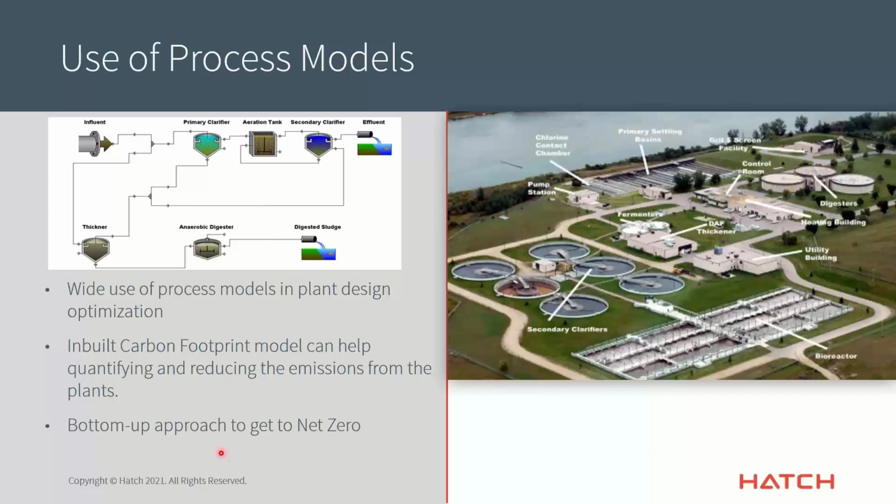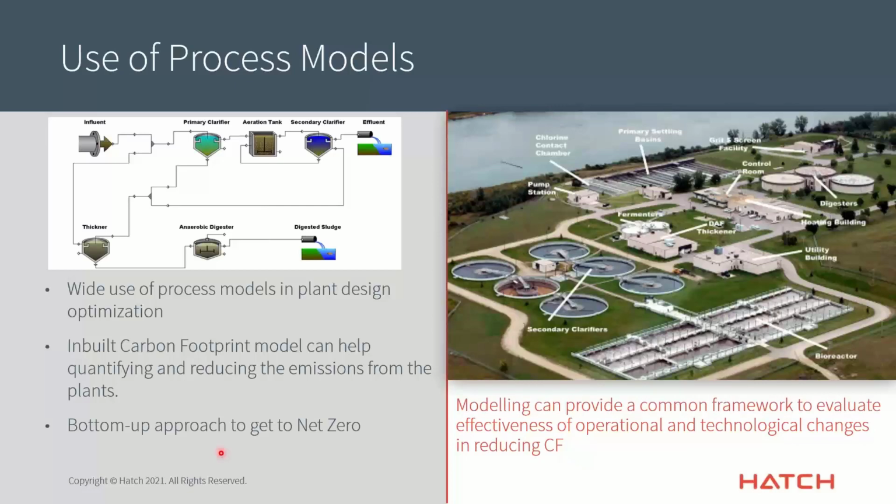So these are really the plant-specific, they are technology-specific, they are operation-specific footprints that we can get, and we can use these models to really evaluate what would be the effect of, for example, a technological change or an operational change, what kind of changes we can expect with respect to the greenhouse gas emissions. So in our opinion, the modeling can provide a common framework to evaluate the effectiveness of operational and technological changes in reducing carbon footprint for the water and wastewater treatment facilities here.